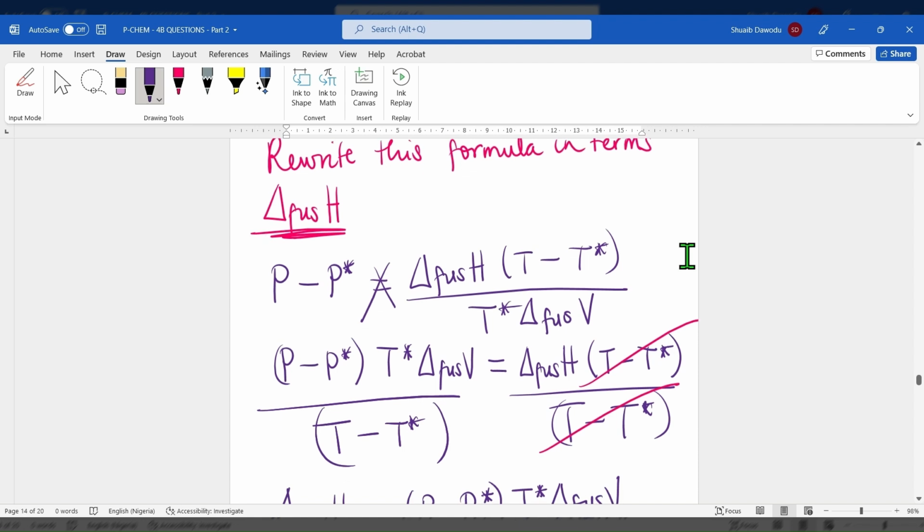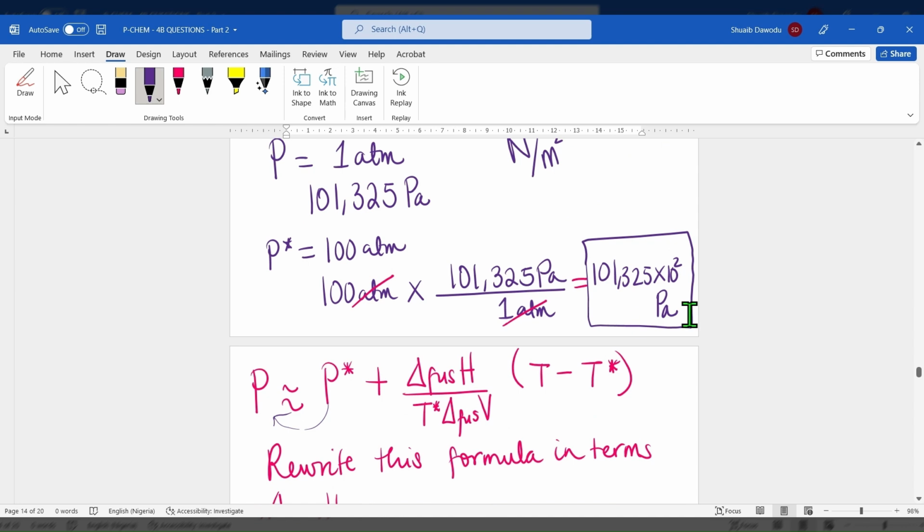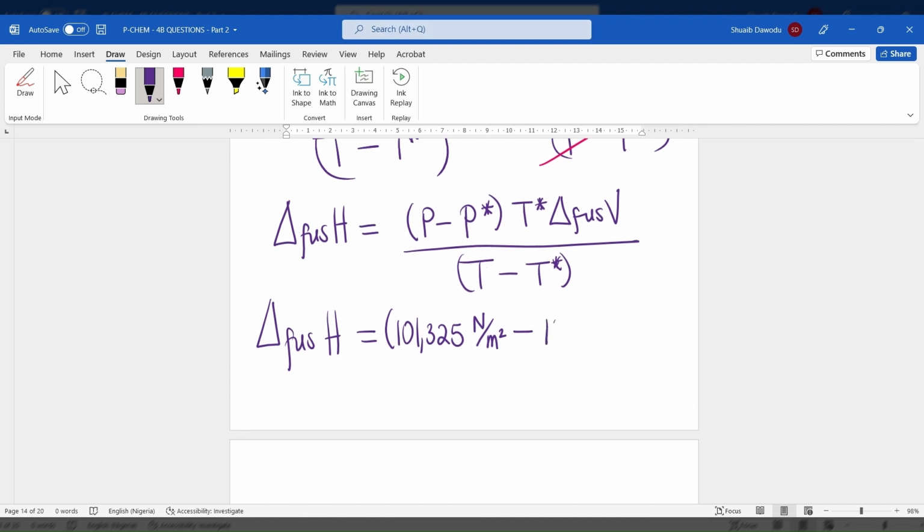So we're going to write it in the proper scientific form of Newton per meter squared here, minus the P star, which is just 101,325 times 10 to the power of 2. When we do the calculation, we're just going to add 2 zeros at the end of it. So it's going to be 10,132,500 Newton per meter squared.